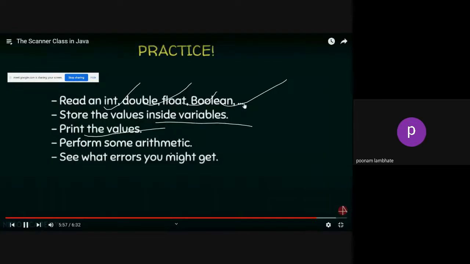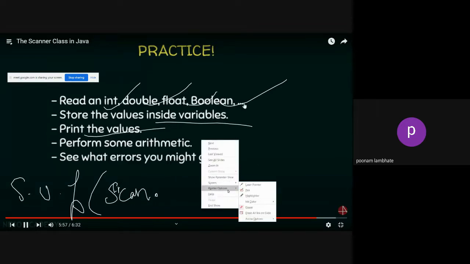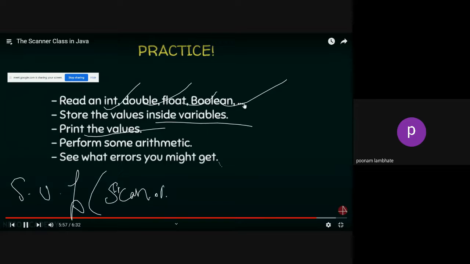For example, you can write system.out.println, and then you can print, for example, scan dot next int plus scan dot next int.